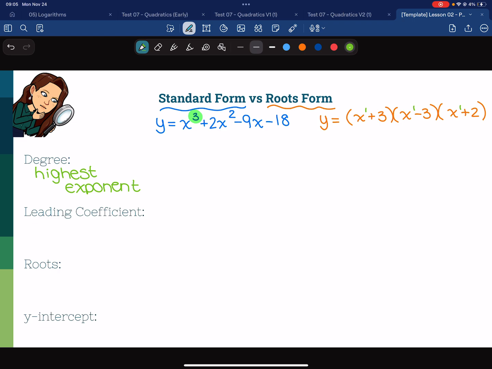So in standard form, we know it's just that highest exponent. In roots form, we see how many roots there are. We think about how many powers there are.